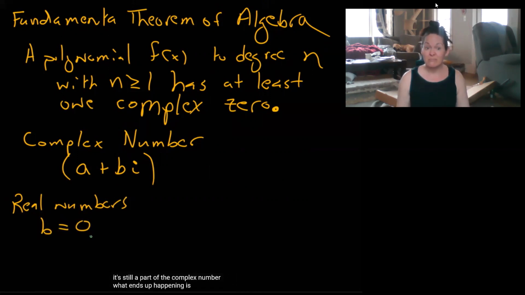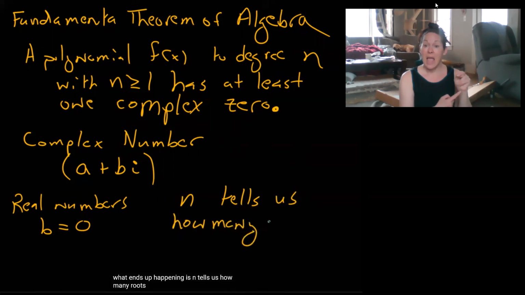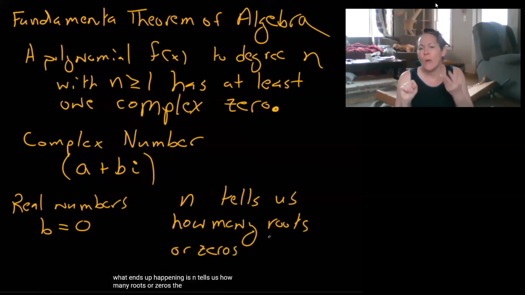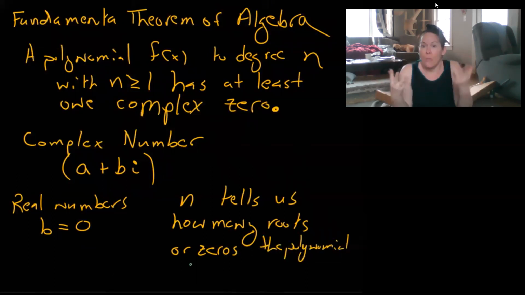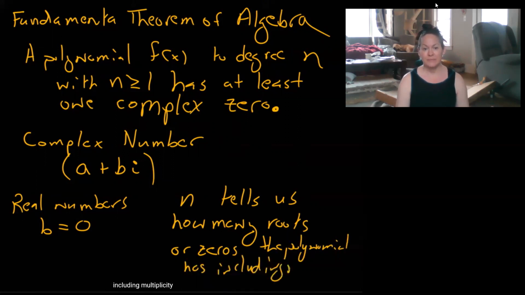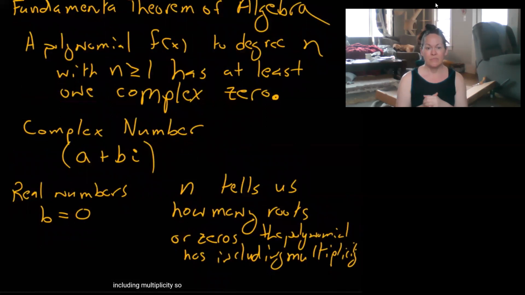What ends up happening is n tells us how many roots or zeros the polynomial has, including multiplicity, right?